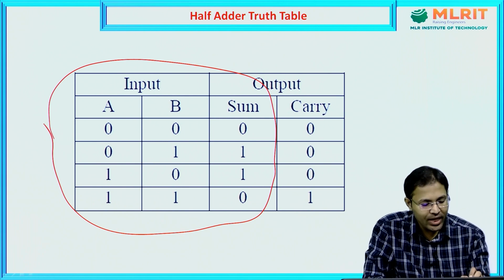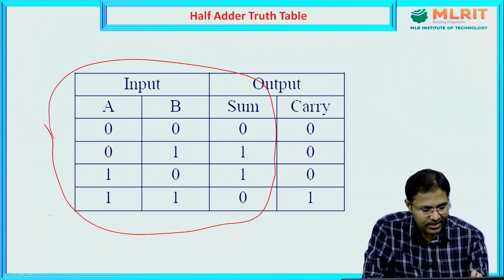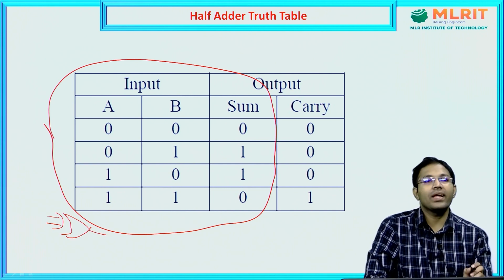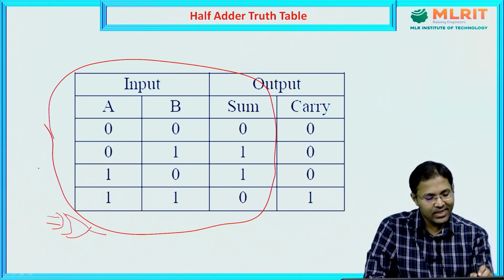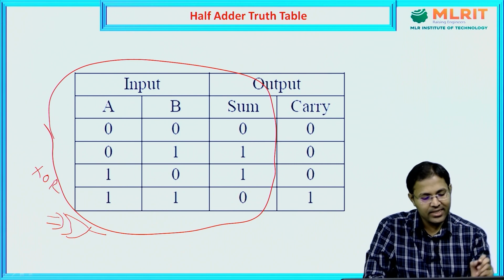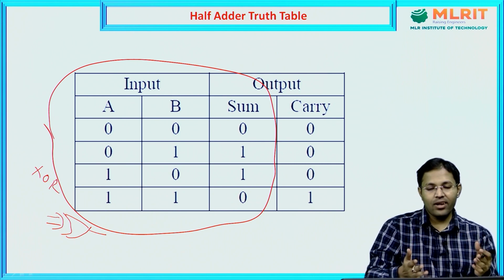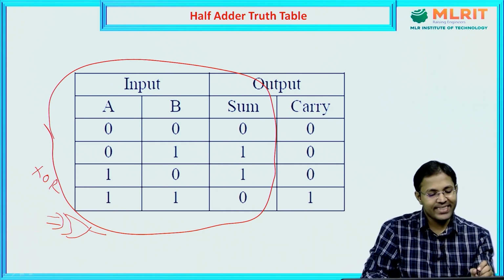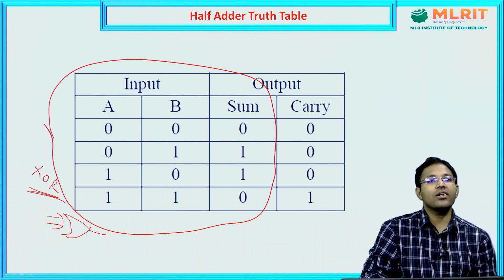I hope all of you remember that this is the symbol of XOR gate. So truth table of XOR gate. What we got? The sum of half addition is same as the truth table of XOR gate.